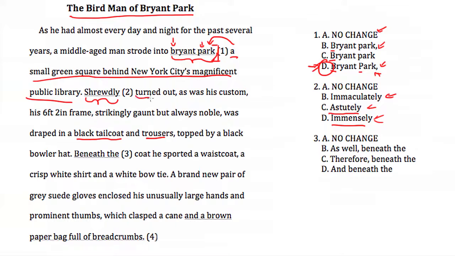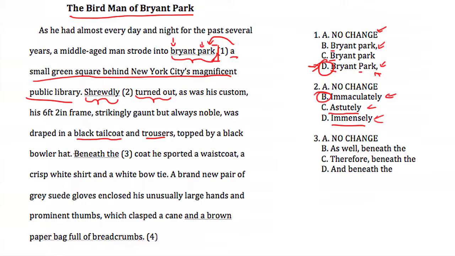Turned out is being used to show that he is dressed up. So is he wisely dressed up, perfectly dressed up, observantly dressed up, or greatly dressed up? I would say that he's perfectly dressed up, because when you're getting dressed up, you want to look good. So our best answer for question 2 is probably B.